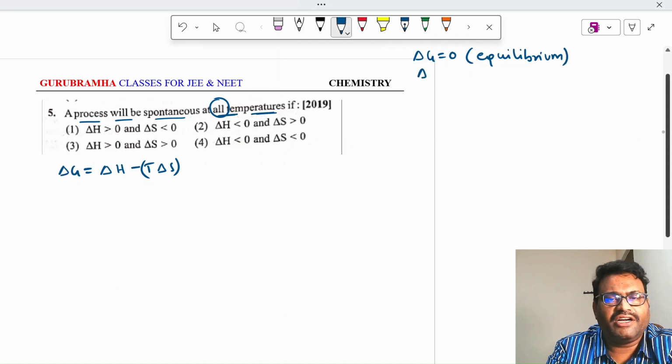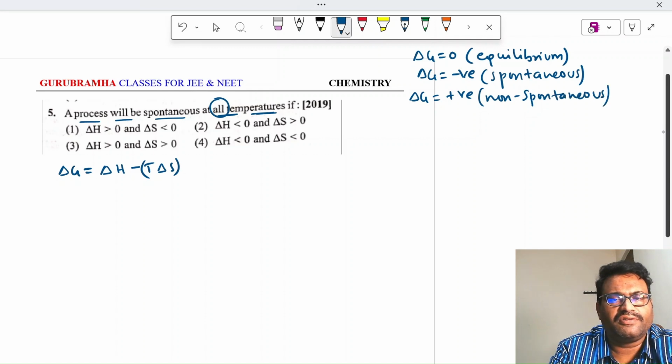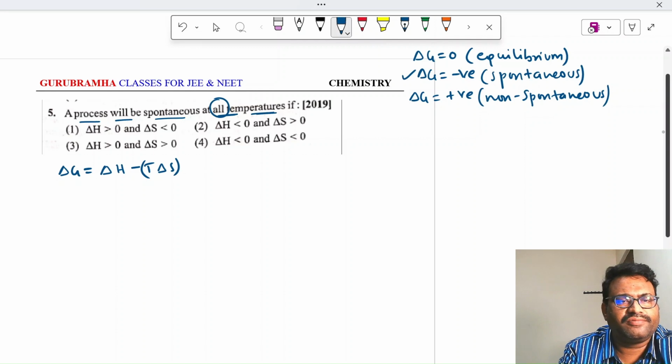If delta G is negative, the process will be spontaneous. If delta G is positive, it will be non-spontaneous. So we are speaking about a process that will be spontaneous at all temperatures.